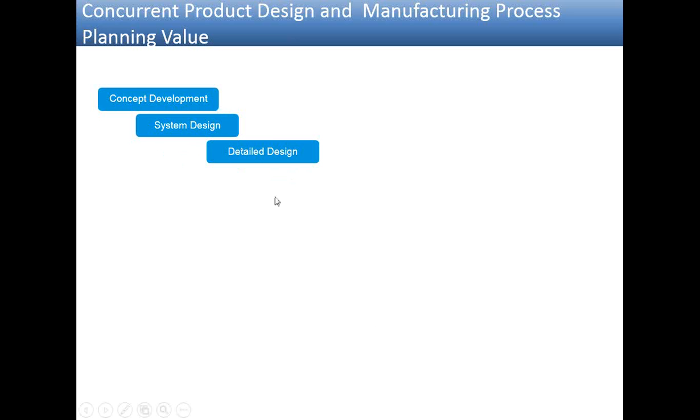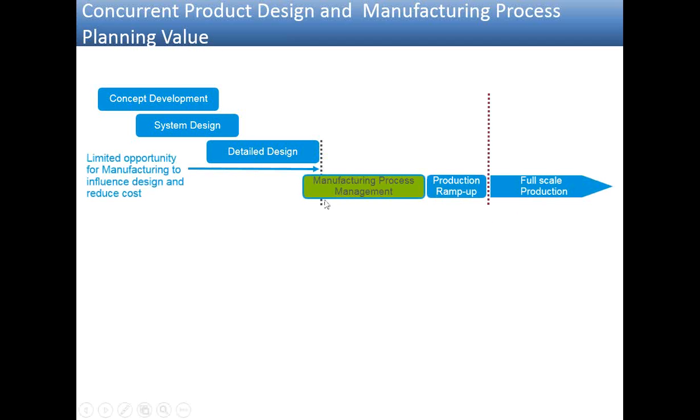Once the system design is done, he will do the detailed design by creating the drawings. Then it is released to the manufacturing process. After a good amount of time, when the design engineer has done all the detailed design, the manufacturing engineer will start the manufacturing process, creating the M-BOM. Then the production ramp up, then full scale production.